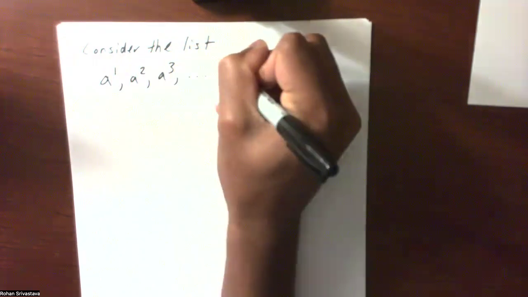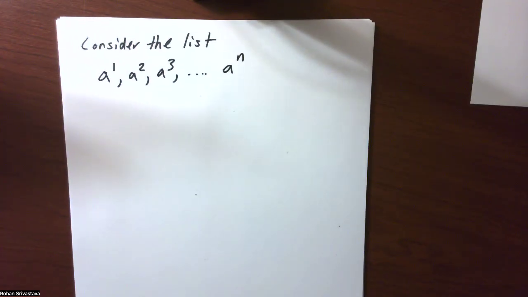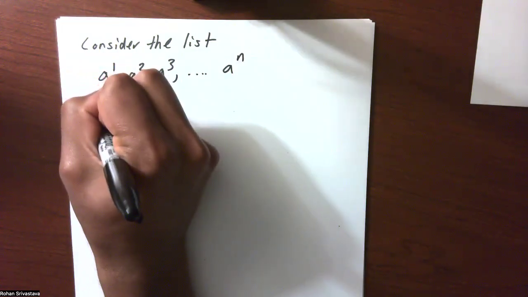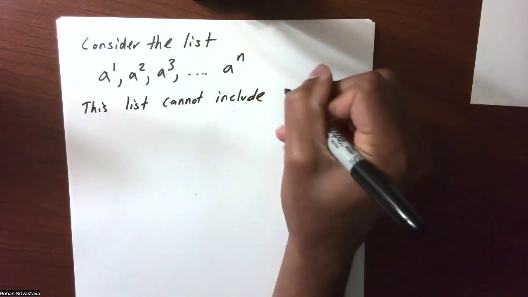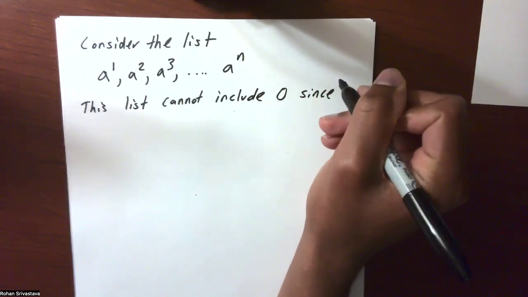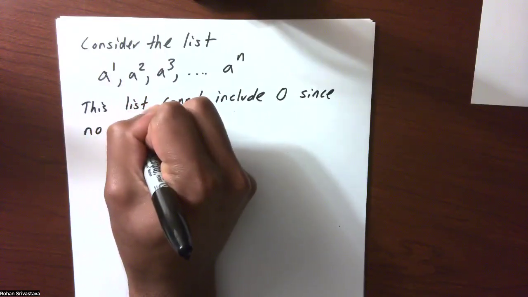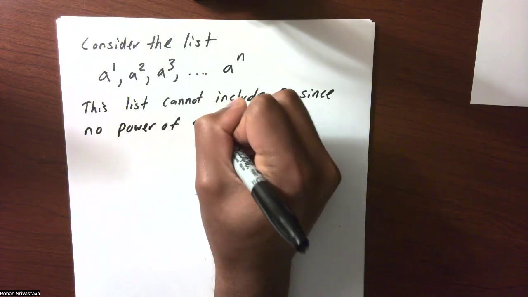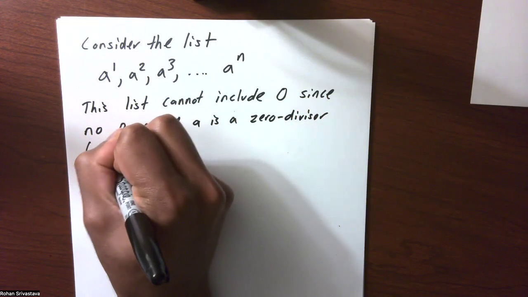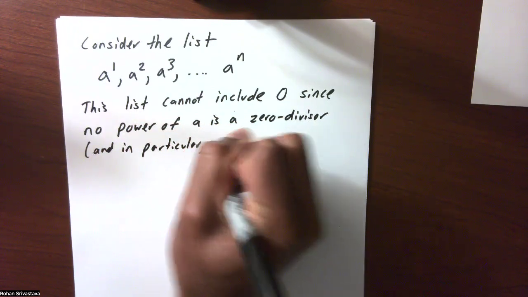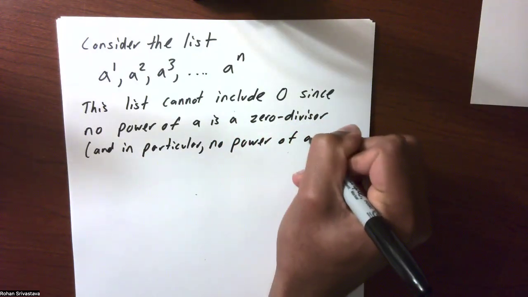So let's consider this list: A to the 1, A squared, A cubed, dot dot dot, A to the n, where n is the cardinality of R. This list cannot include 0, since no power of A is a zero divisor, and in particular, no power of A is 0.